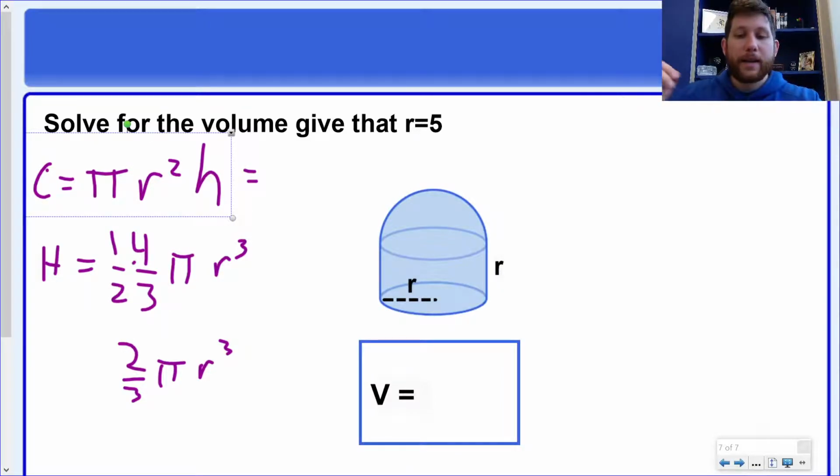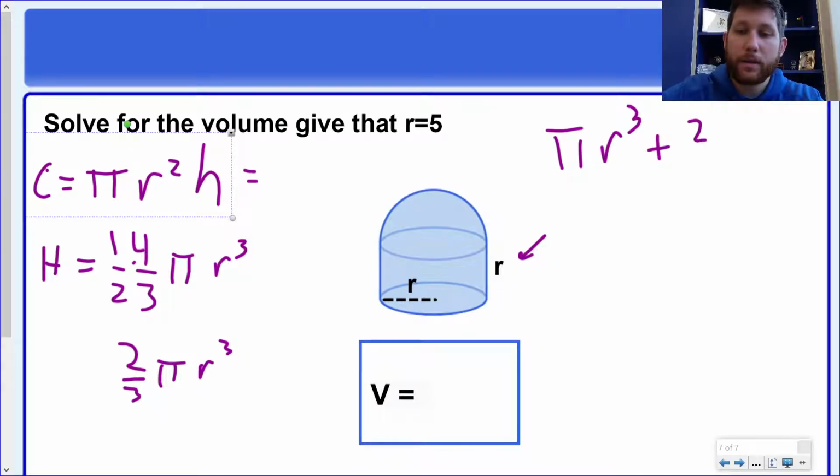Remember that our height in this case is equal to my radius. So what I end up with is pi r cubed plus 2/3 pi r cubed. Notice this pi r cubed is because I'm doing r squared times h, but my h is equal to my radius.